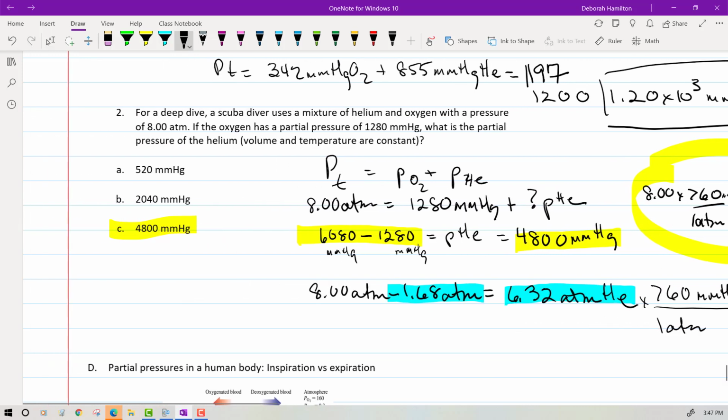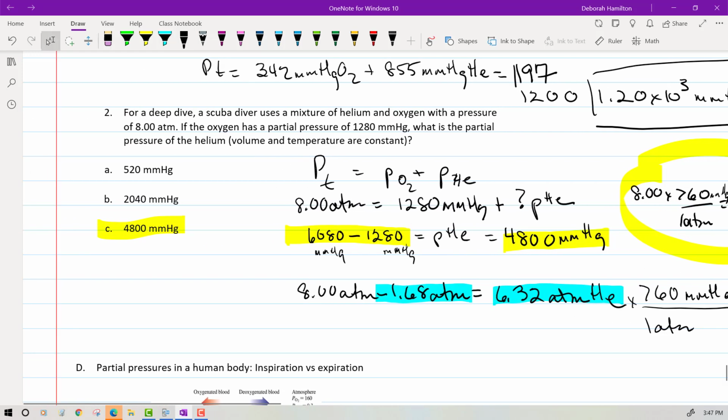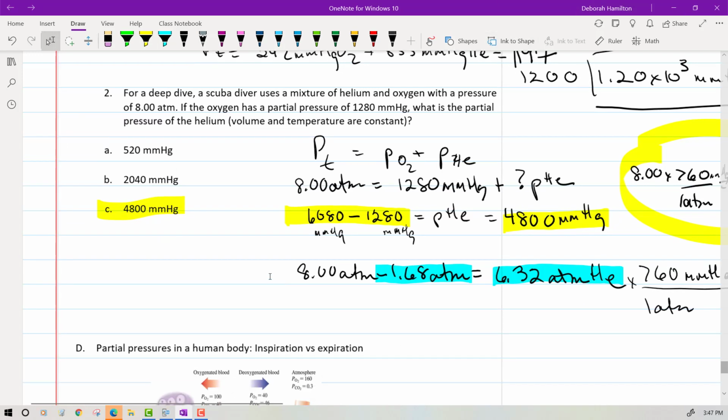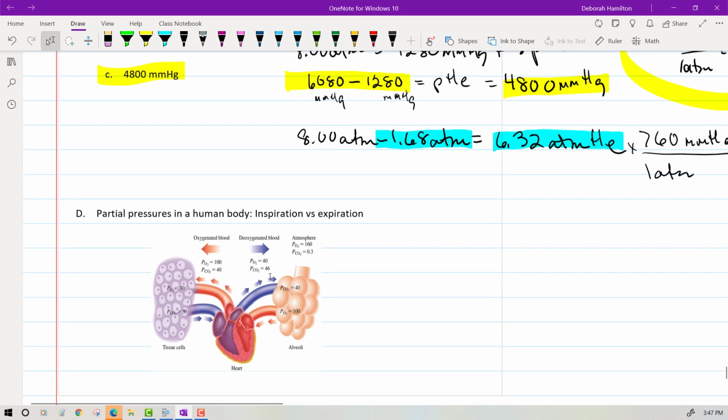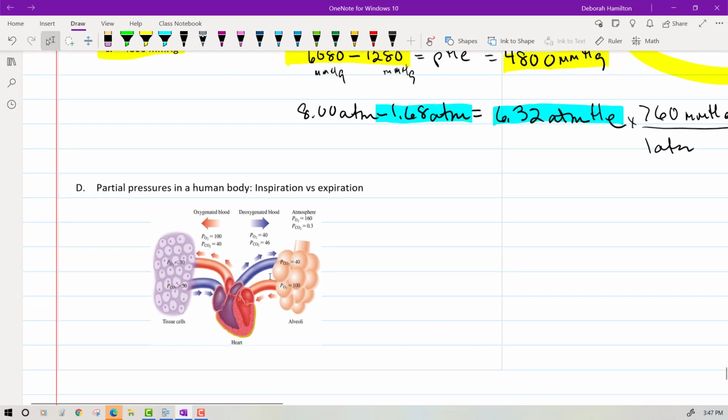All right, the very last thing is just a conceptual topic that has to do with your heart and breathing. The partial pressures of carbon dioxide and oxygen are part of the breathing process.